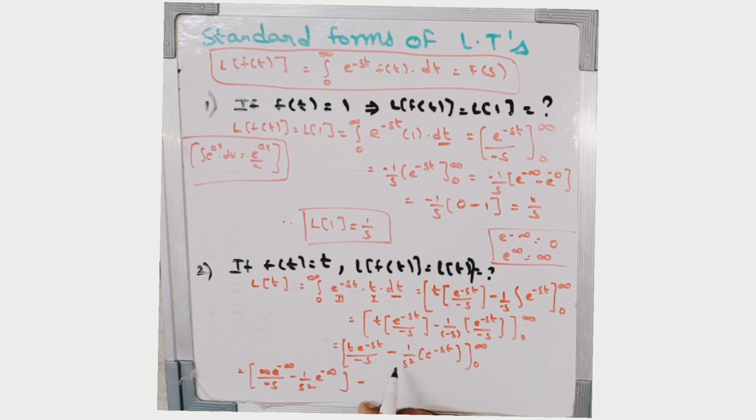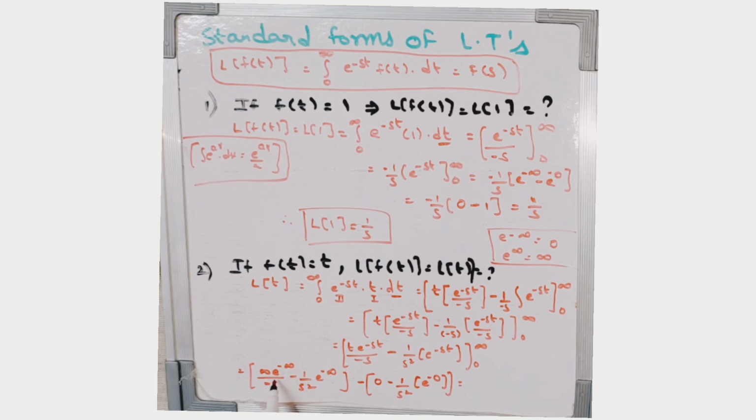Minus, there is minus, right, upper limit minus lower limit. So first upper limit minus lower limit. The lower limit is 0. Substitute for this whole thing 0. The t value is 0, that is 0 into something is completely 0, minus 1 by s square into e power minus s into 0, that is e power minus 0. Calculate this. E power minus infinity is 0, as I have told.